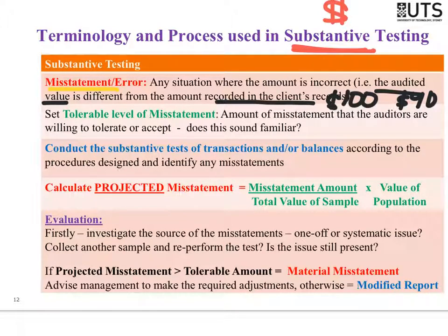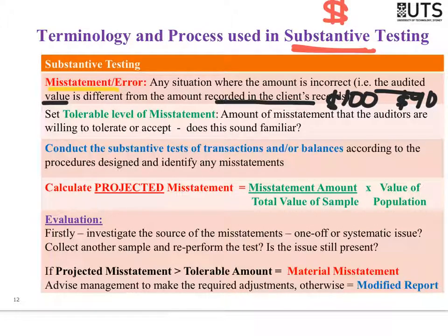Ladies and gentlemen, what is the misstatement? What is it? It's not a trick question. What is it? 10. Why did I ask you that? Because so many times people think it's 90 or 100. It's not. The misstatement's the difference, okay? They've recorded as 100. They should have recorded it as 90. What's the misstatement? The $10 difference, okay?